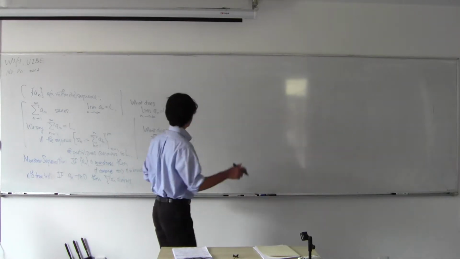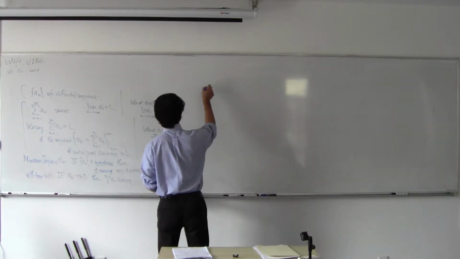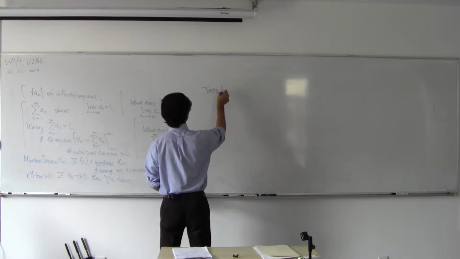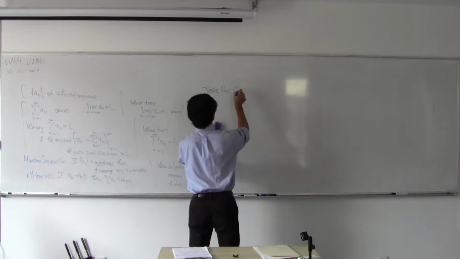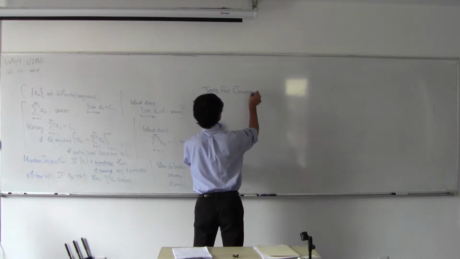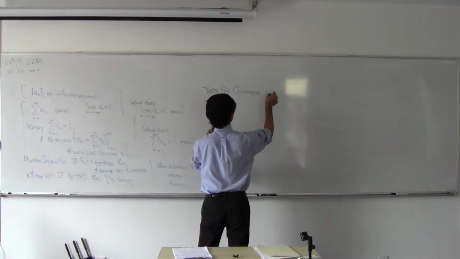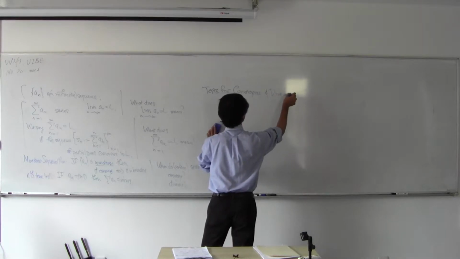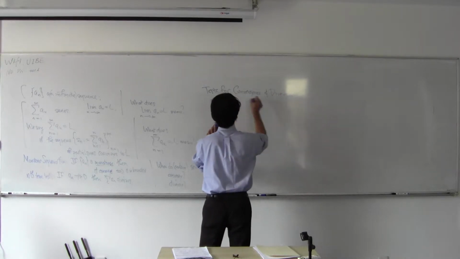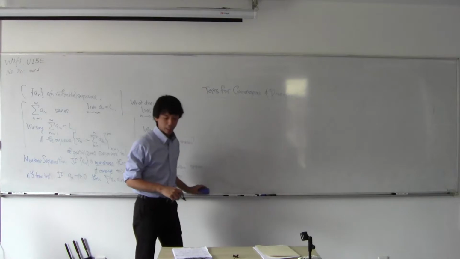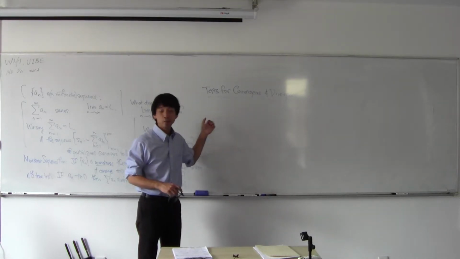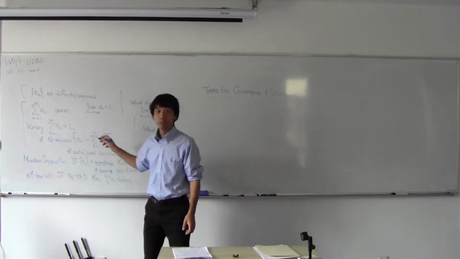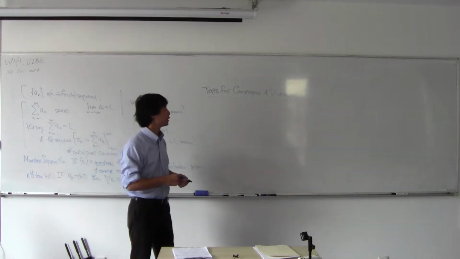And today we're going to be talking about tests for convergence and divergence. We'll be making up some tests to check whether or not this infinite sum of numbers will converge or diverge.